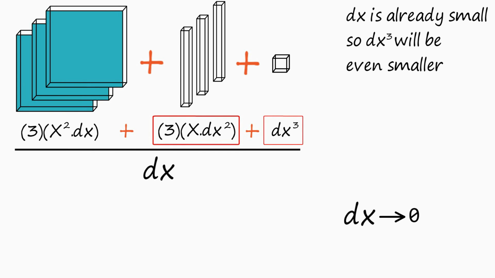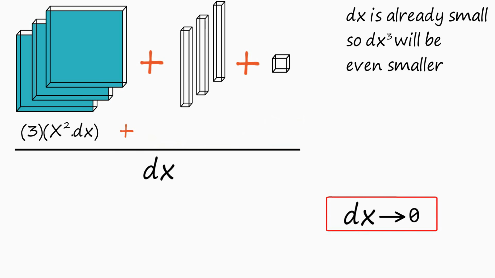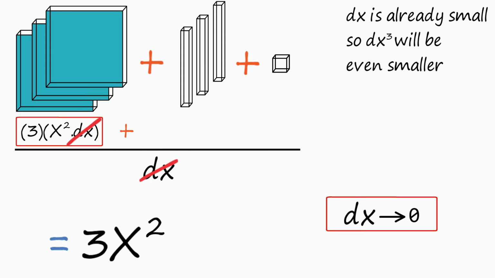But both of them get even smaller when they approach 0. So all I'm trying to say is we can safely remove them from the equation. But this 3x squared times dx is important. It's important to us so that we can get rid of the denominator. And hence the derivative of x cubed is 3x squared.